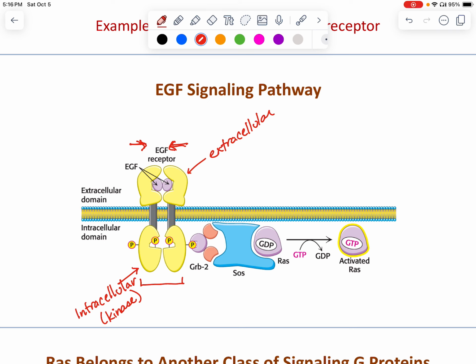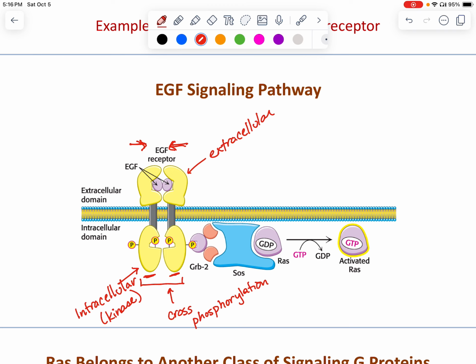And just like last time, when that happens, we're going to get cross-phosphorylation. So the domain on the left will catalyze phosphorylation on the right and vice versa.